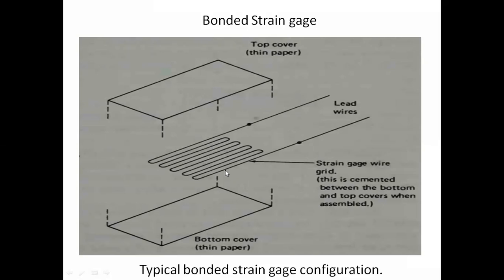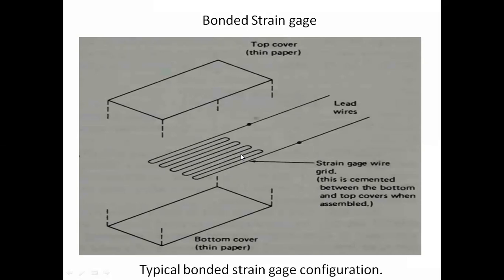So the effect of the strain will be applied on this wire or strain gauge. Due to that the resistance increases or decreases, and the variation of the resistance will be identified by using the Wheatstone bridge.